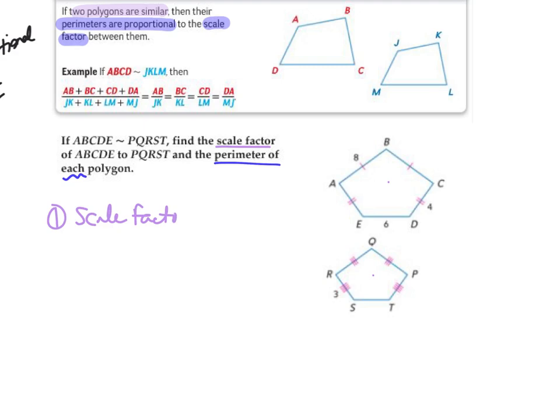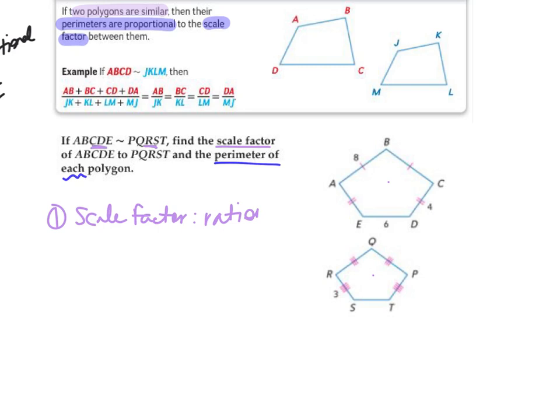All right, we know that the scale factor is a ratio of the corresponding sides. So let's look at our corresponding sides. We have a bunch of numbers up here, but down here we only have RS that is given. So which side does RS correspond to? I know that RS corresponds directly to CD per my similarity statement.